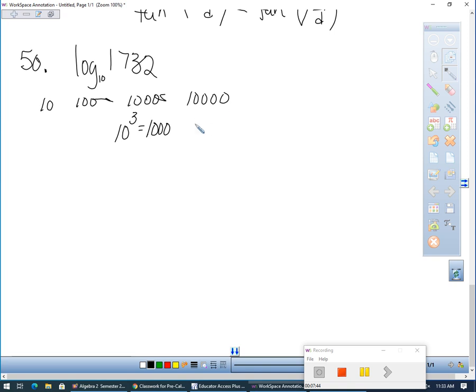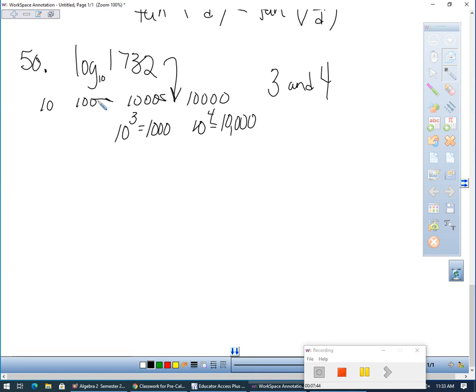And 10 to the fourth is equal to 10,000. So in this case, 1,732 falls between these. So it is between the integers 3 and 4. All right, so the real trick is remembering that the base, if there's nothing written there, it's a base of 10.